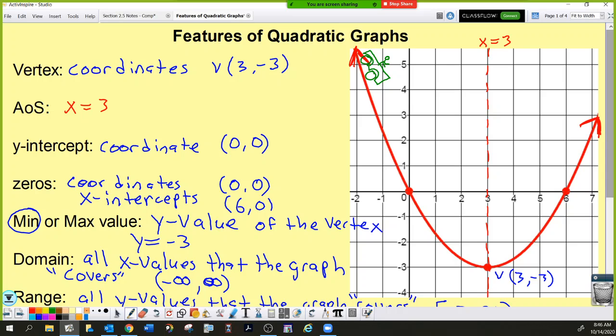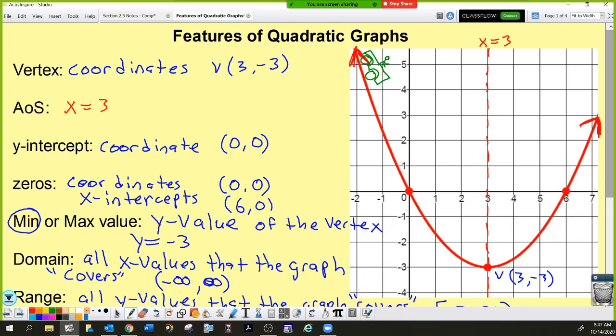We are going to describe that using our x's. So for this graph, our car is falling to the left of x equals 3. Can we all see that? At every x value to the left of x equals 3, my car would have been falling. At every x value to the right of x equals 3, my car would have been rising.